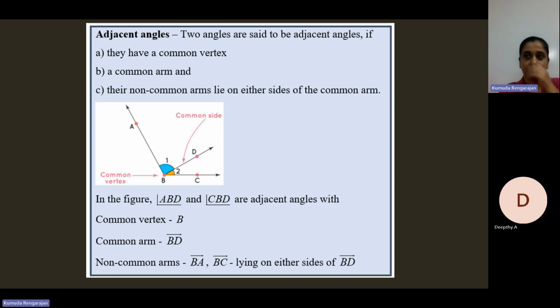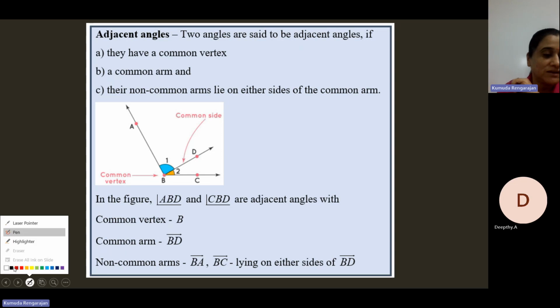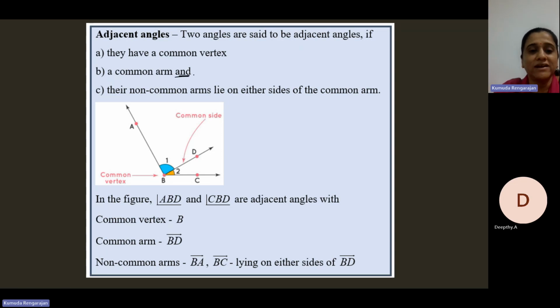Very good question. Harshit is asking why I have put an "and" here and there is nothing after that. Have I missed typing anything?